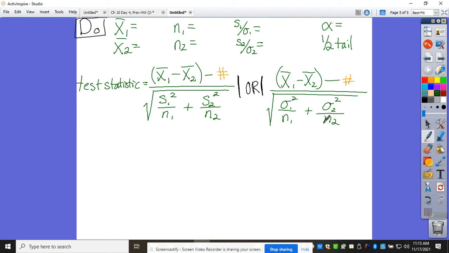And then anytime I do a test, I get my test statistic. Once I have my test statistic, I put what on paper? The graph. You're going to draw it and shade it. And then from there, I get my what?